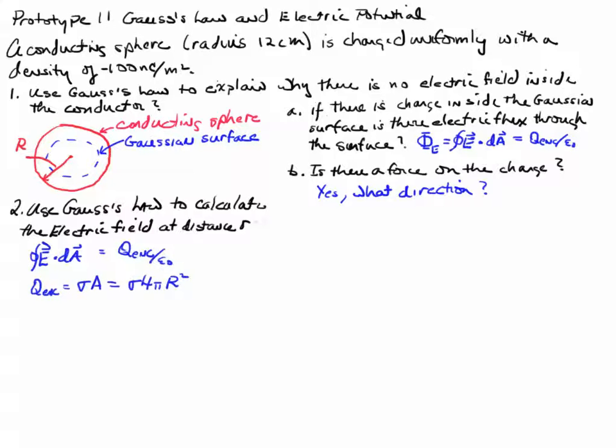The enclosed charge is the surface charge density times the area, which is the surface charge density times 4 pi r squared, 4 pi r squared being the surface area of a sphere.